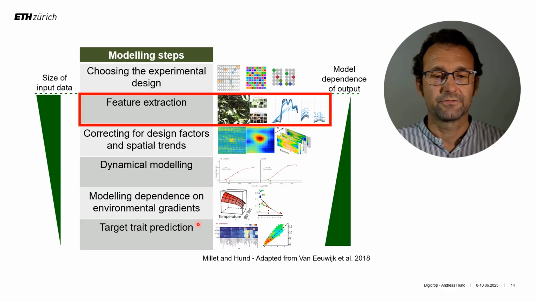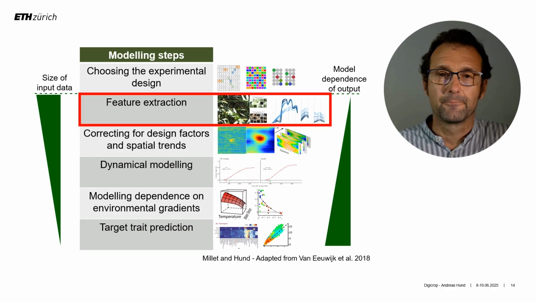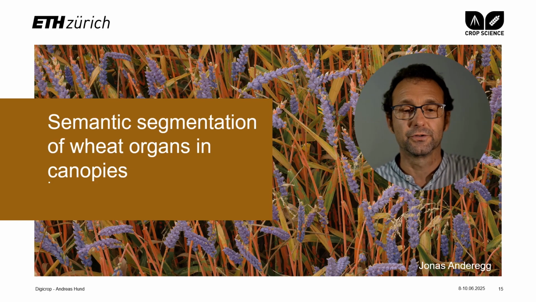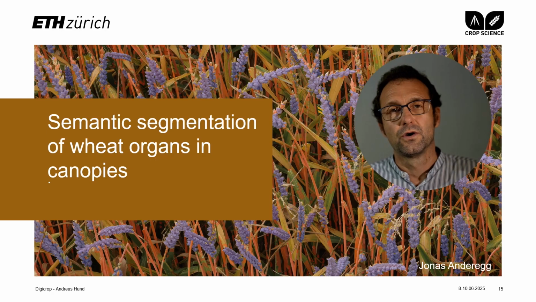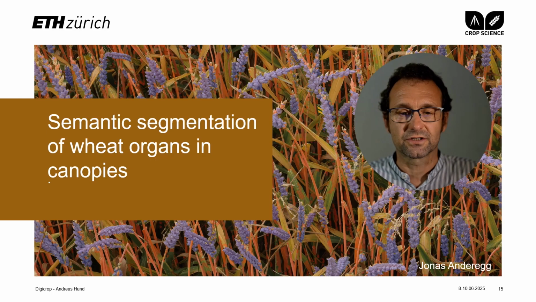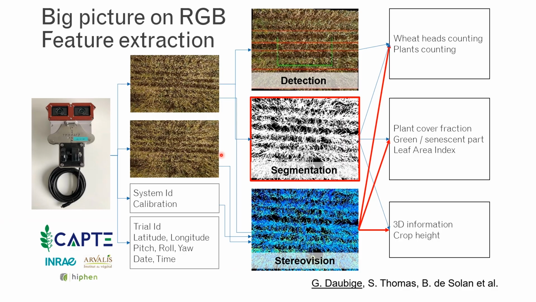So we have a sequence of different steps to model what we try to get out of a product, and I'm focusing now on the first part, namely on the extraction of stuff from images.